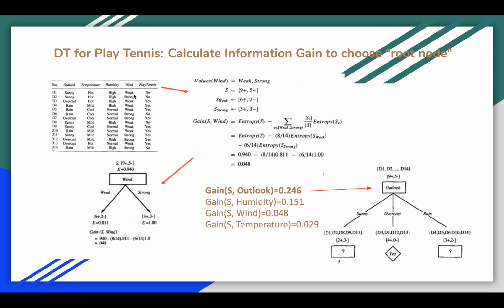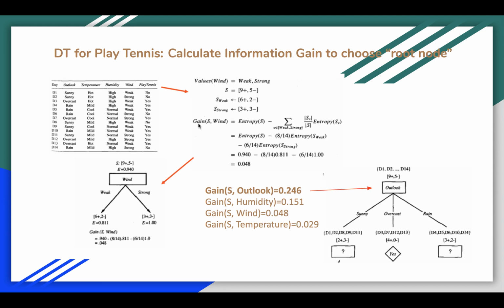And if we just focus on wind equal to weak, there are 6 positives and 2 negatives. And for strong, it is 3 positives and 3 negatives. It's very similar to what I talked about before.